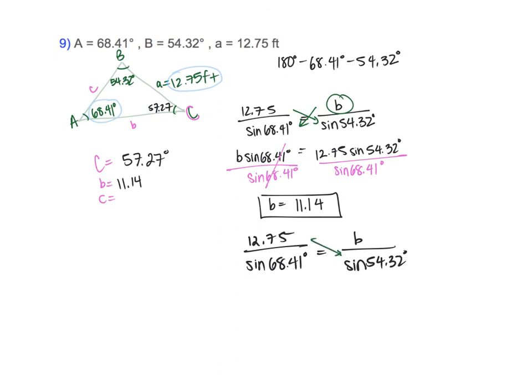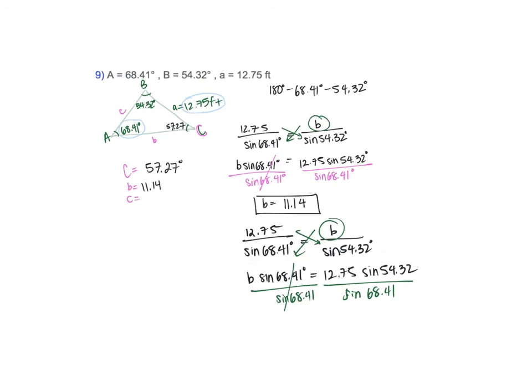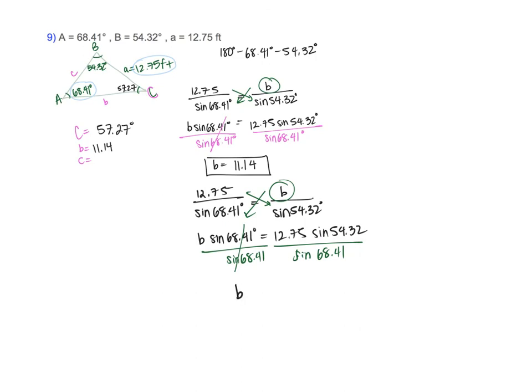And I need to cross multiply so I can figure out what c is. So in this case, c is multiplied by sine of 68.41 degrees, equal to 12.75 sine of 54.32. So if I divide by sine of 68.41 and I divide this side by sine of 68.41, that cancels. And so in this case here, I have c is equal to 12.75 times sine of 54.32 divided by sine of 68.41.